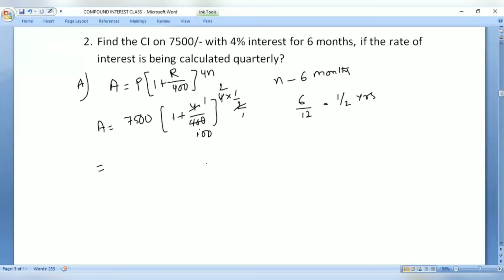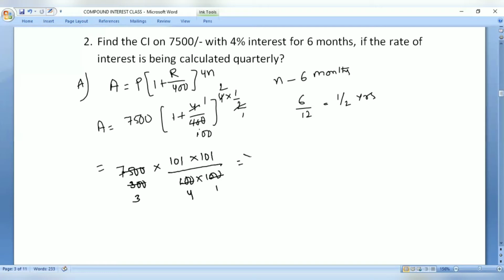Now see here. 7,500 into 101 into 101 divided by 100 into 100, because it is square, right? It goes cancel. So here 25 300s, 25 fours. Then 100 ones are 100, threes are 300.